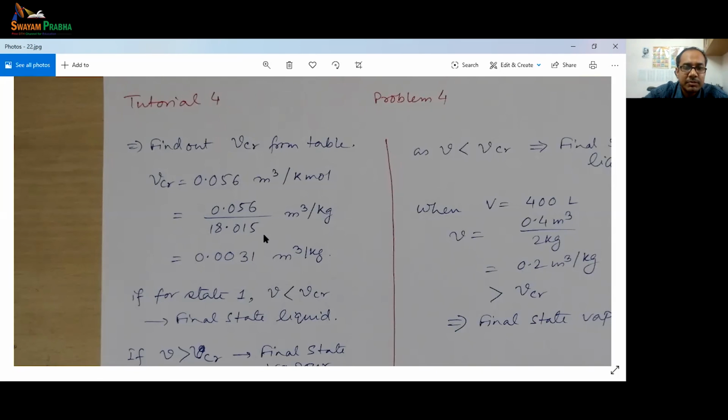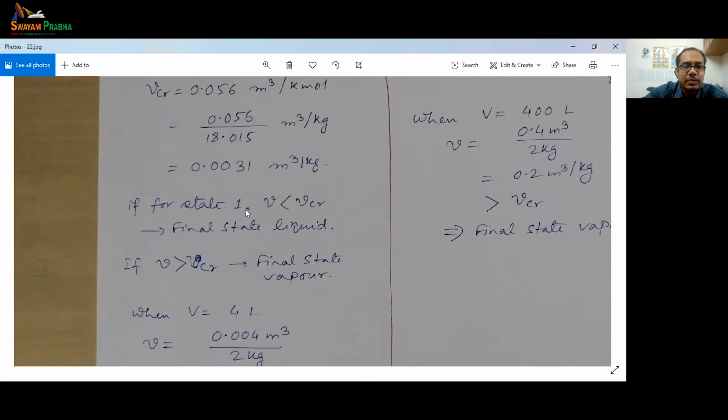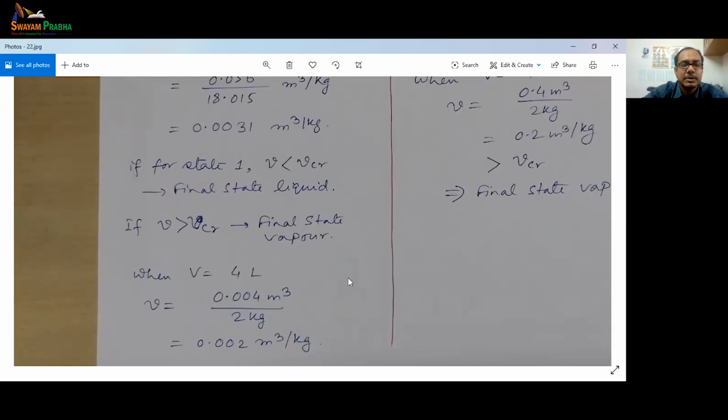For water, the molar mass is 18.015 kg per kilomole. So you just divide it, and you get the specific volume at the critical point to be 0.0031 meter cube per kg. If for state 1 the specific volume is less than the critical specific volume, then the final state will be liquid. That we have explained with the diagram. And if it is greater, on the right hand side, then the final state will be vapor, right?